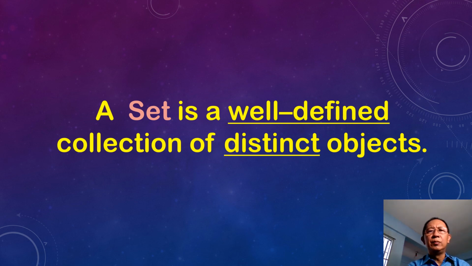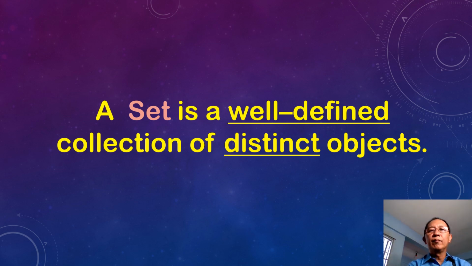When we say measurable, let's say the set of handsome students, it is not measurable because what is handsome to me might not be handsome to other people. So it is not measurable.